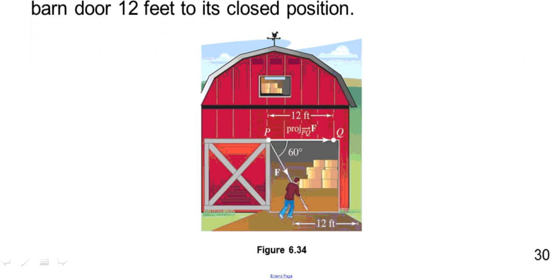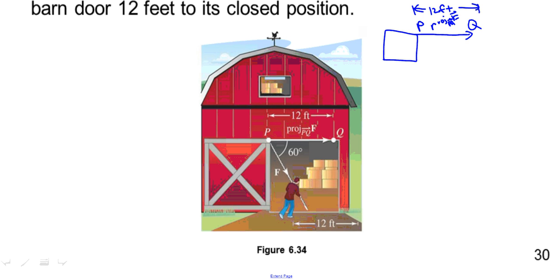So essentially it's this door right here that we want to physically move from point P to point Q, and that is 12 feet from there to there. And this is the projection of F onto PQ.